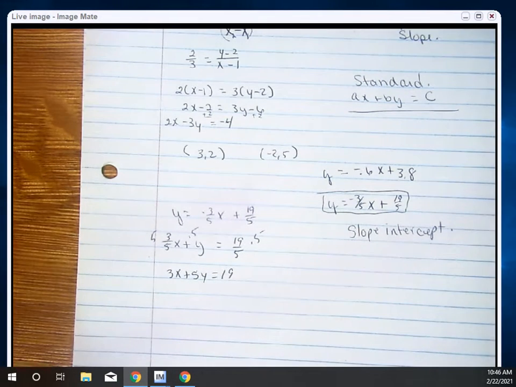And I think that's probably more doable on the ACT, even if it is in standard form. Go ahead and find it in slope-intercept form quickly, and then just convert it. And you can agree to disagree. It's whatever you're most comfortable with. Or we can do it by hand.